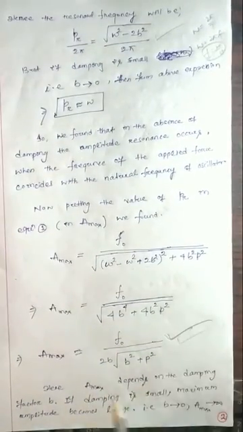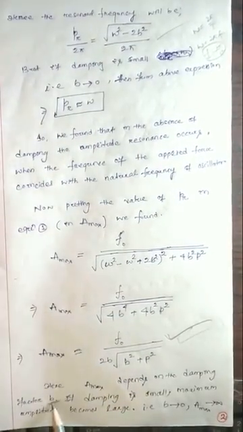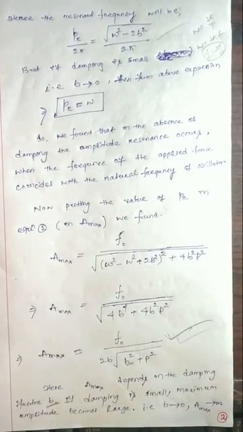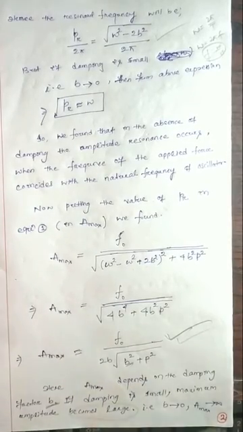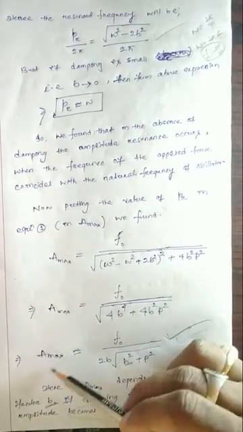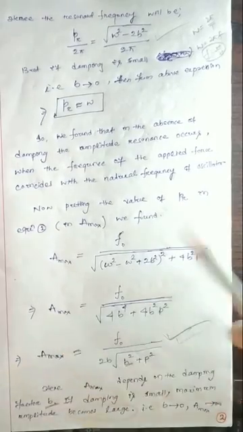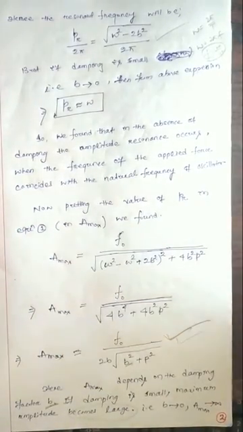So here A max depends on the damping factor. If damping is very small, the maximum amplitude becomes large. If this is small, this amplitude will be large.